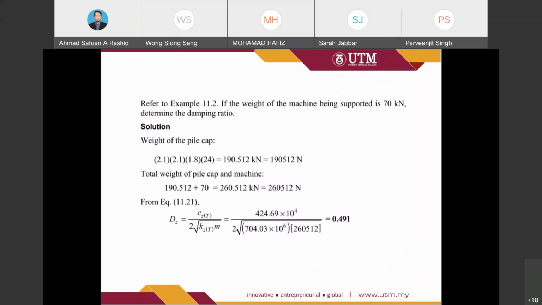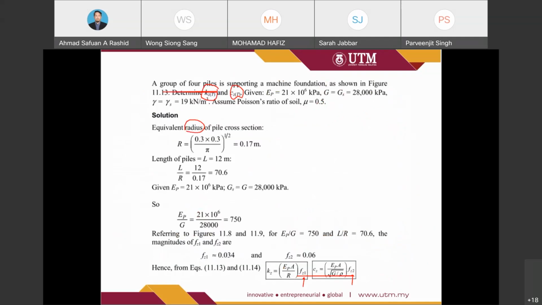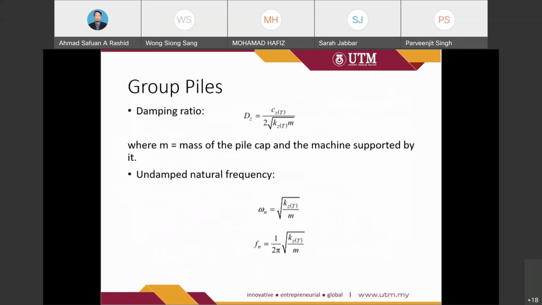So there will be a last example here. Refer to the same example. If the weight of the machine being supported is 70 kilonewton, determine the damping ratio. The damping ratio equation is Cz total over 2 square root of Kz total times M. M is the mass of the pile cap and the machine supported by it.